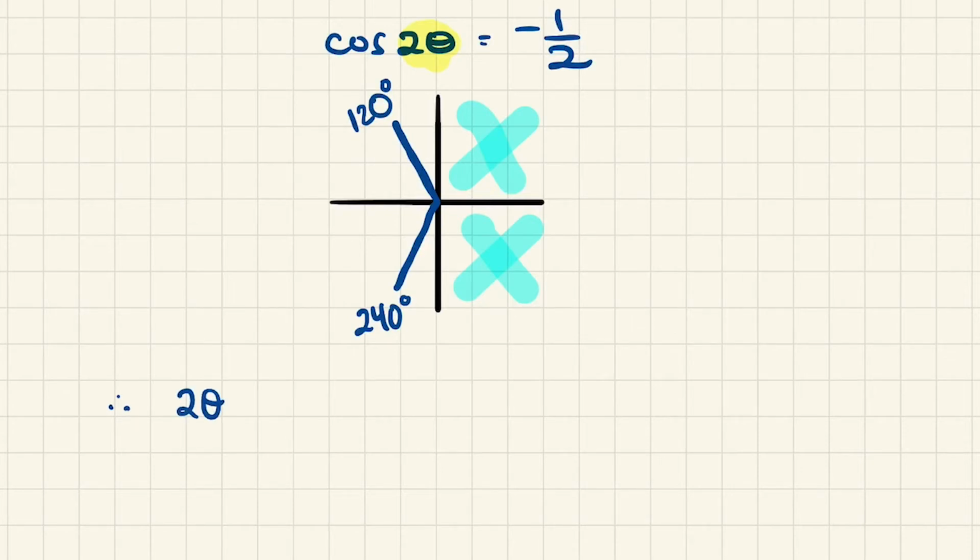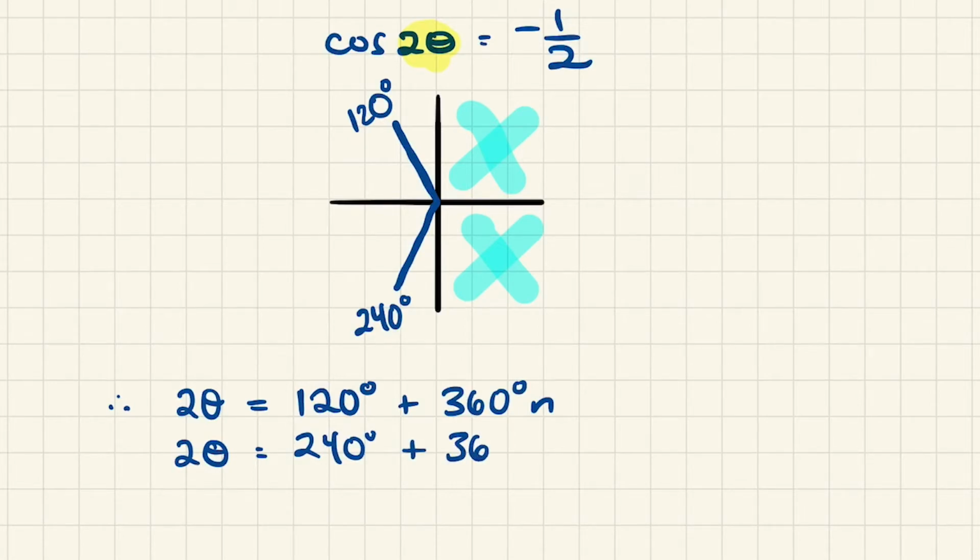But let's write this down. The angle, which is 2 theta, is equal to 120 degrees plus everything coterminal, so plus 360 degrees n. Okay. At the same time, it's 240 plus everything coterminal to 240, stipulating, of course, that n is an integer.